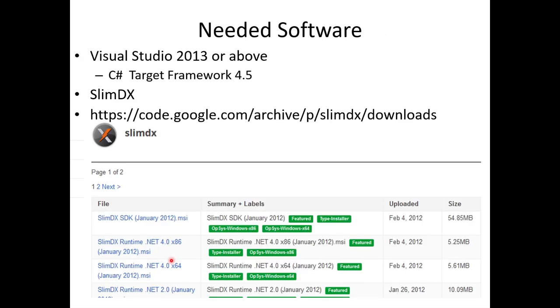Now, the software that is needed to run Fizzix2 is Visual Studio 2013 or above. This is the software you're going to need to edit, put in your own experiments, and look at the code with.